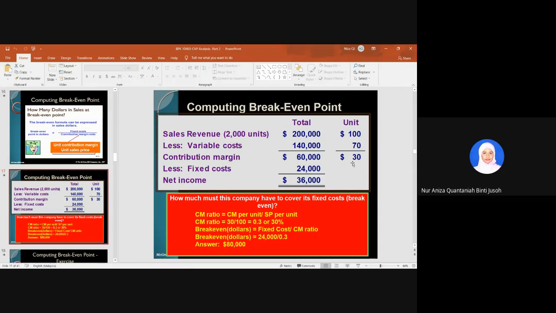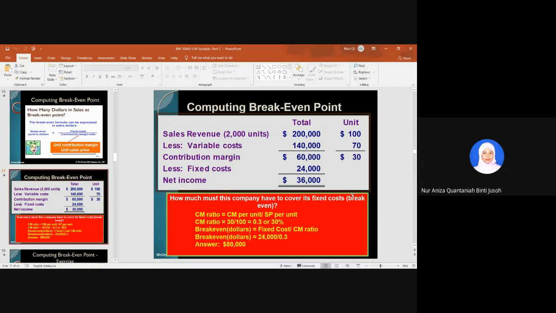If you want to check whether this amount is actually true, 0.3 times 200... no, you cannot check it that way.